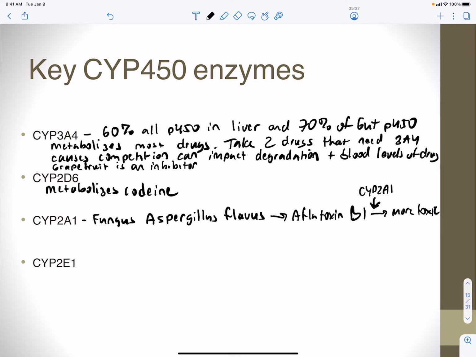So in this case, our P450 is not protecting us, it's going to make it more toxic. This is going to be involved in hepatocarcinogenesis, and this introduces mutations into one of our key cell cycle regulators, P53.